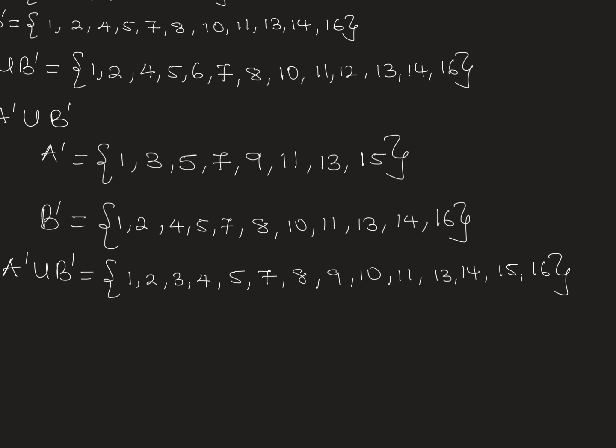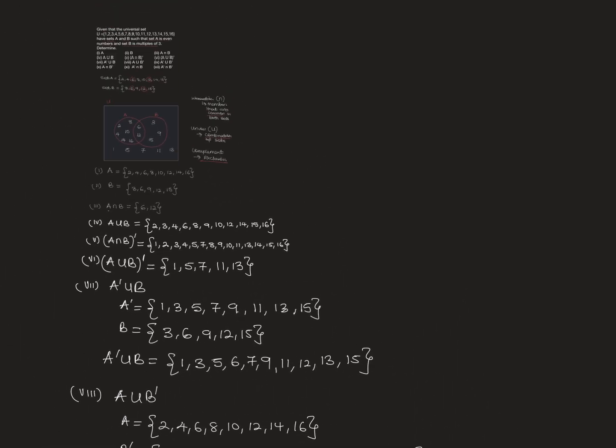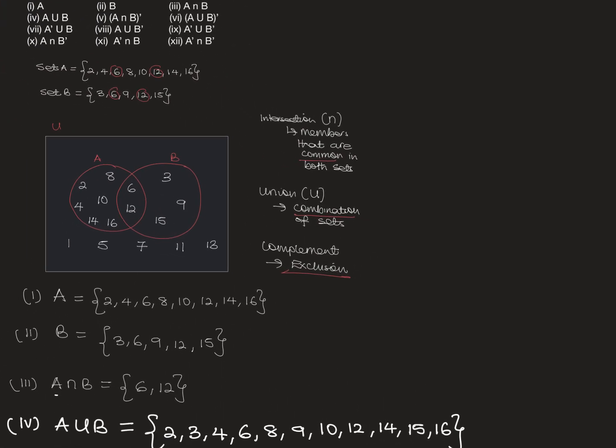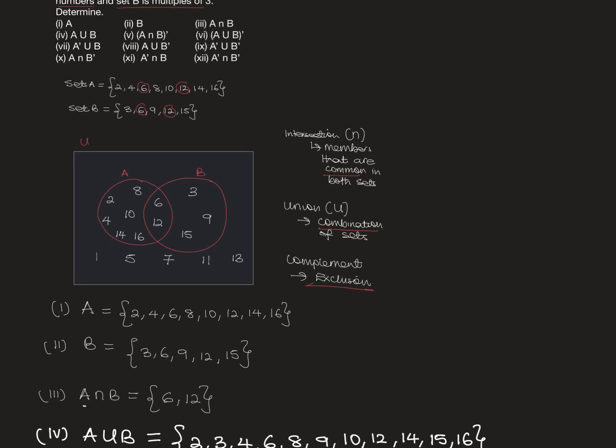So if you analyze the answers here properly, you realize that only number 6 and number 12 are missing. So number 6 and number 12, if you go back to the set, what we have as the intersection. So what does this mean?